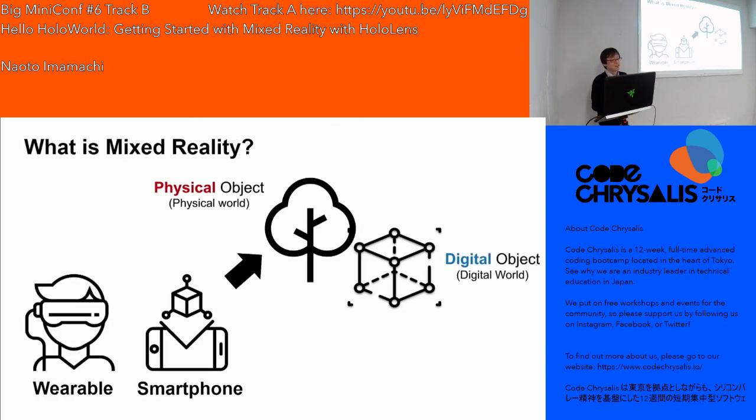And there are two options to show virtual objects on the real world. One is the smartphone, such as Pokemon Go, and the other one is a wearable glass device, such as HoloLens. So today I focus on the HoloLens.